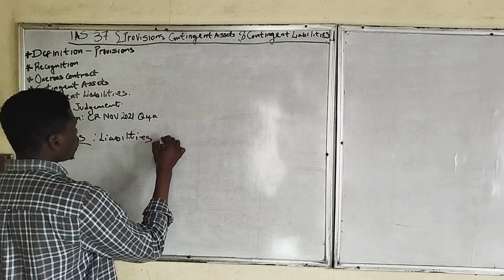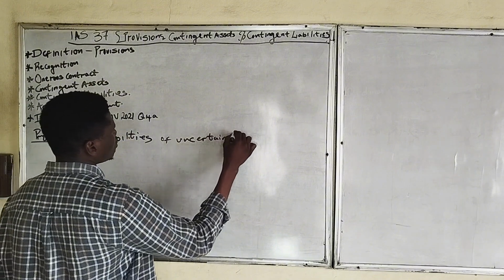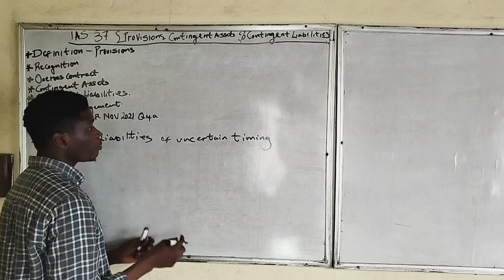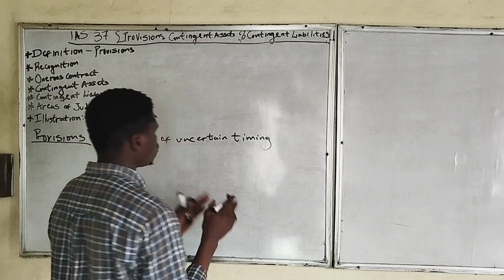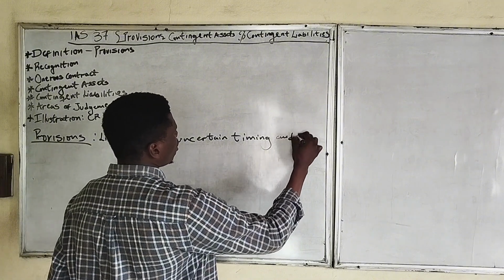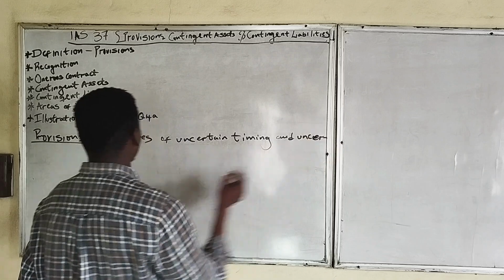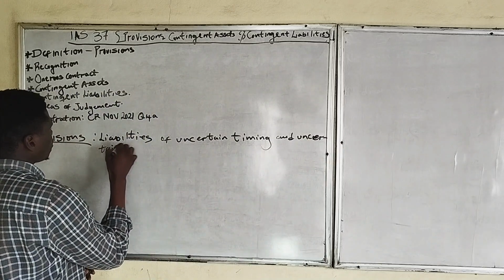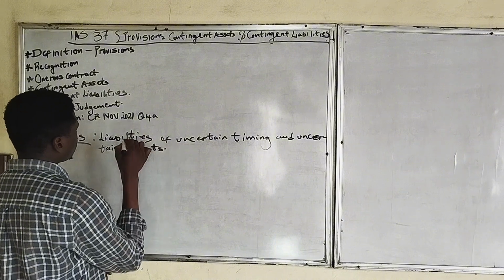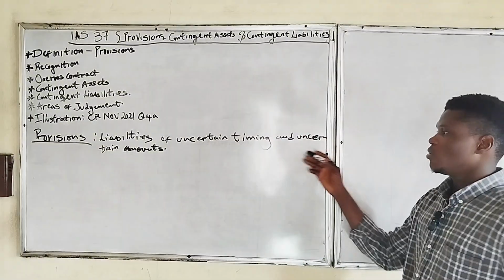So liabilities of uncertain timing, that is going to take place in the future, but we don't know when exactly it's going to happen, and of uncertain amount. So provisions are liabilities of uncertain timing and uncertain amount.